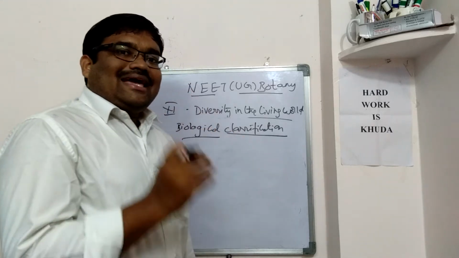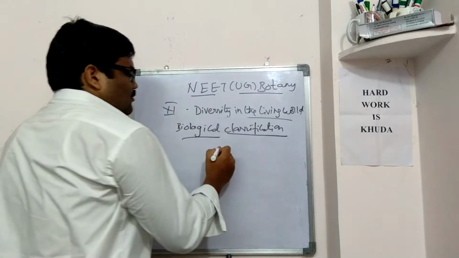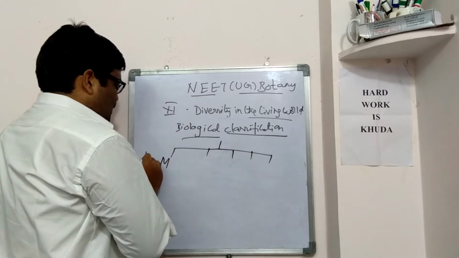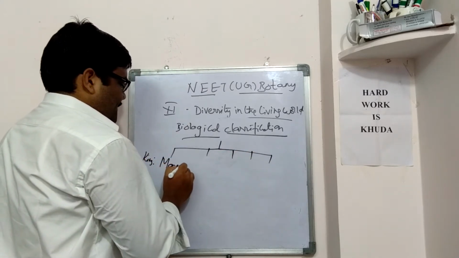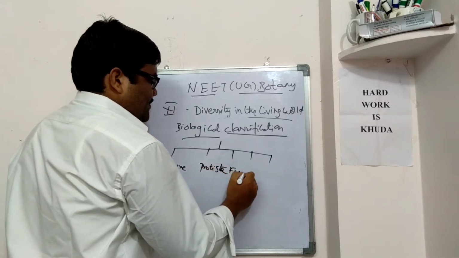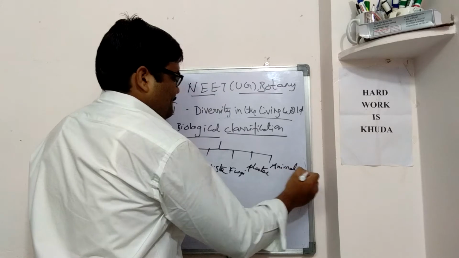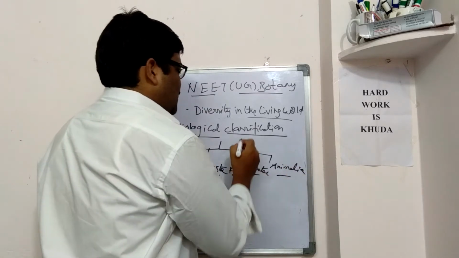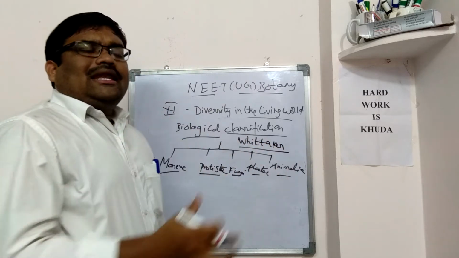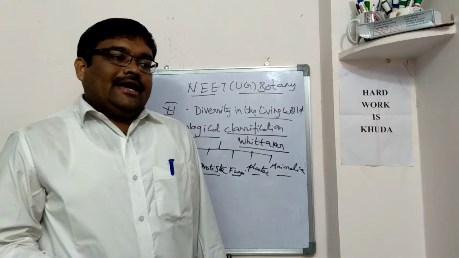So we have to discuss at length certain basic issues for better understanding. Biological classification by Whittaker deals with the 5 kingdom classification: kingdom Monera, Protista, Fungi, Plantae and Animalia. From an examination point of view, they may ask what parameters, what basis Whittaker included for this classification.